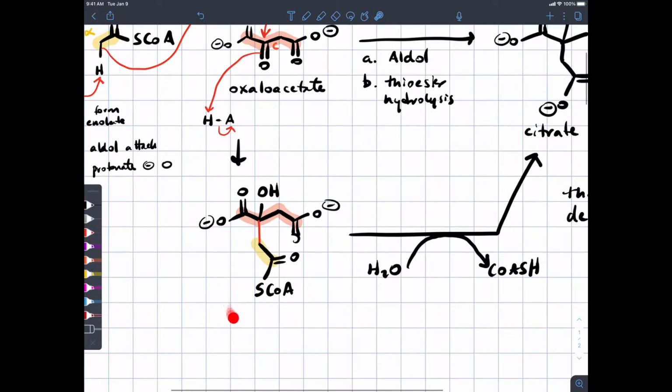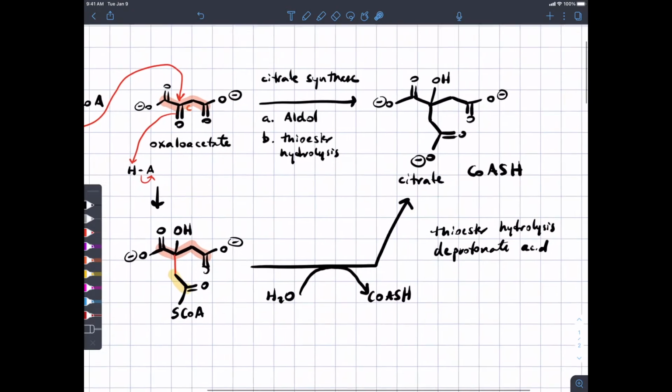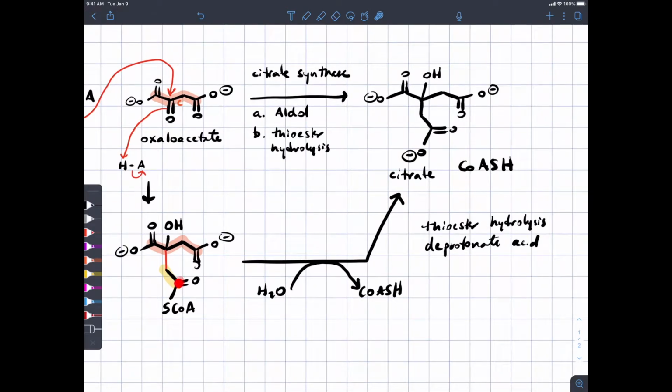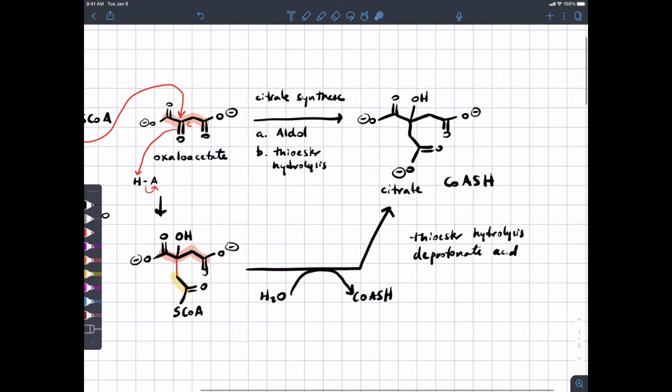Then we hydrolyze the thioester with a nucleophilic acyl substitution reaction, and we didn't draw the mechanism of that because it's something that you should be familiar with. And then once the resulting acid loses its proton due to its pKa at physiological pH, we end up with citrate. And notice that citrate is not chiral.